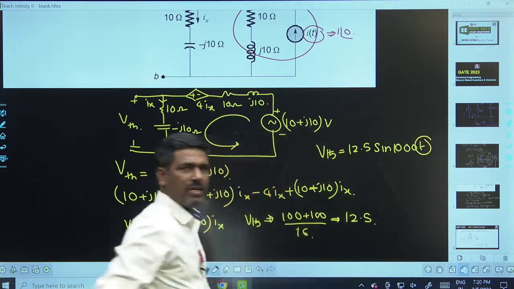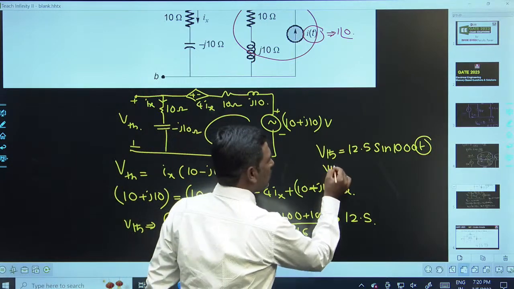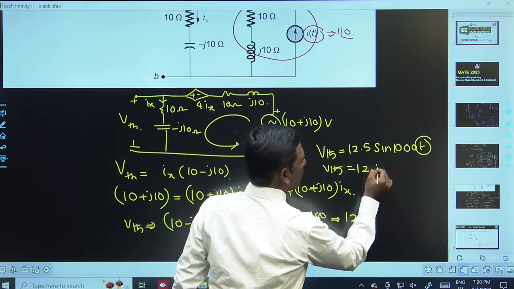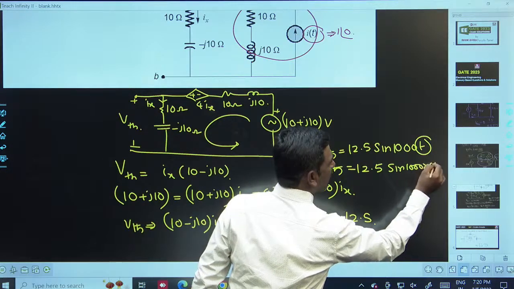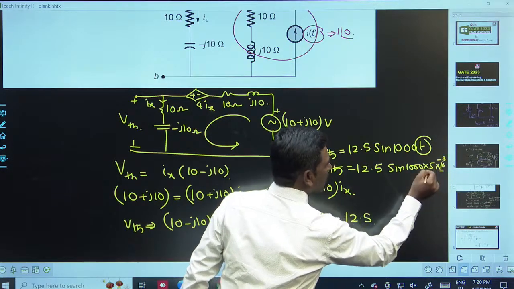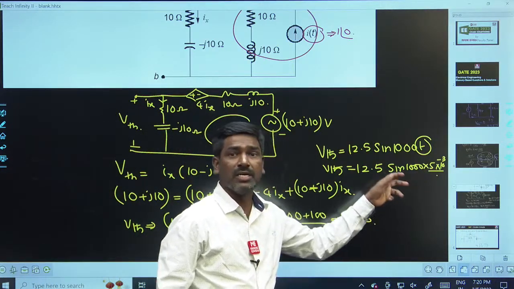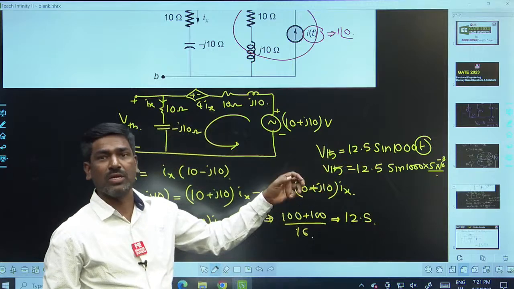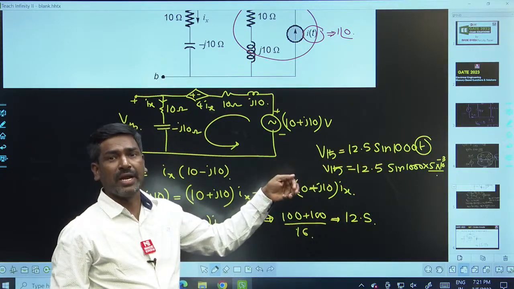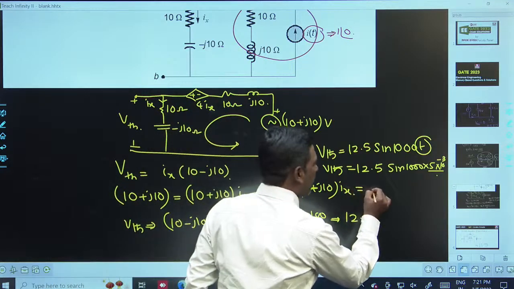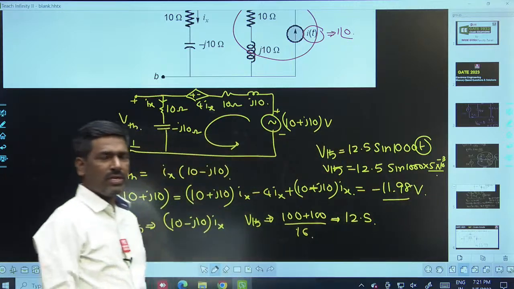In place of t, you have to substitute 5 milliseconds. 12.5 sine of 1000 into 5 milliseconds. Be careful here, this is in radians per second, so the value is in radians only. You have to convert it to degrees, otherwise put your calculator in radians mode, then you get the answer, minus 11.98 volts. This is the answer for this question.